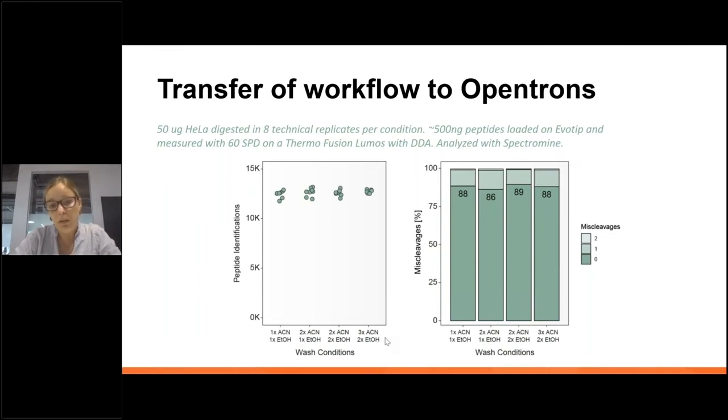But when we challenge the timings by decreasing the number of washes, we actually retain good IDs here, measured on a 60 SPD with DDA. Even more important, we keep our good digestion efficiency. So 88% of the peptides are fully cleaved, despite using less time to wash before the digestion.